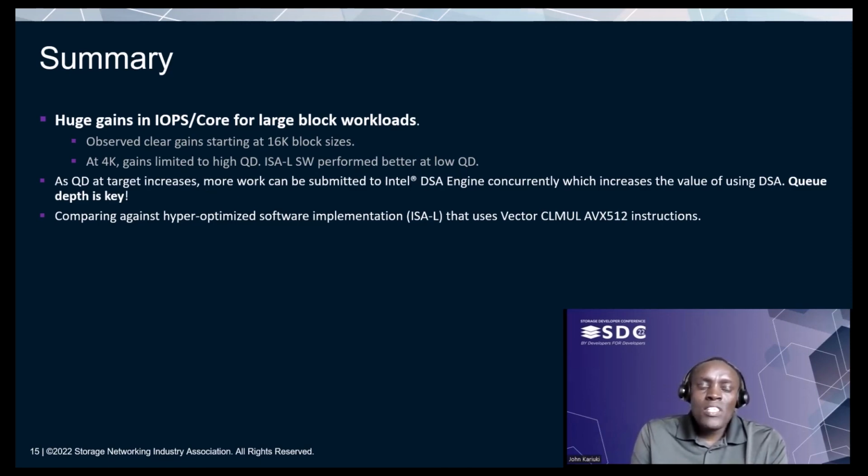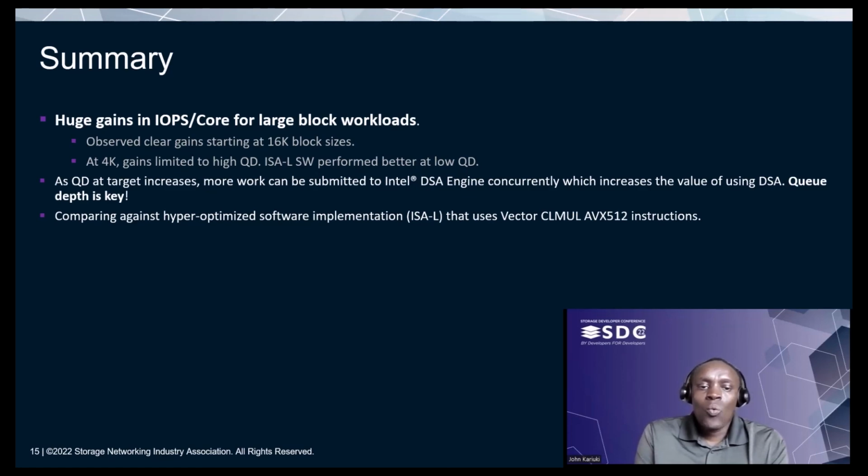And then last but not least, I want to talk about the baseline that we're comparing against. ISA-L has this highly optimized CRC32 function that takes advantage of the vector AVX instructions that we have in the Intel CPUs. When we compared the performance of the target when it was using ISA-L versus using the CRC32 CPU instruction, we measured over 20% more IOPS with ISA-L.